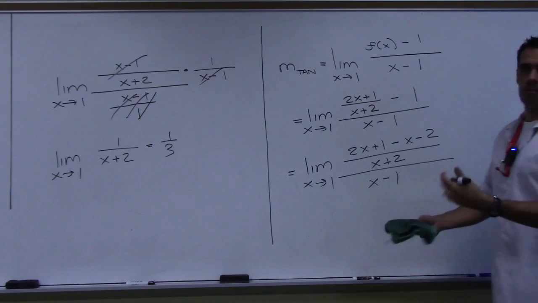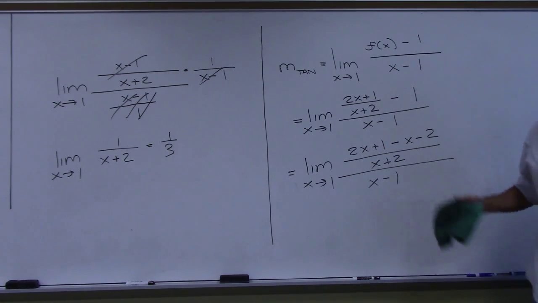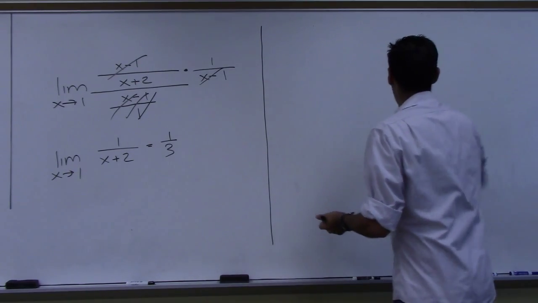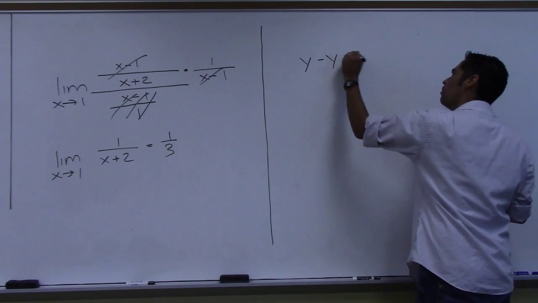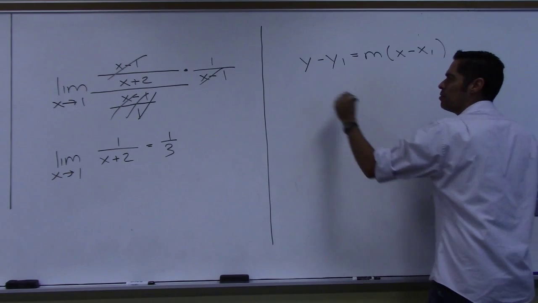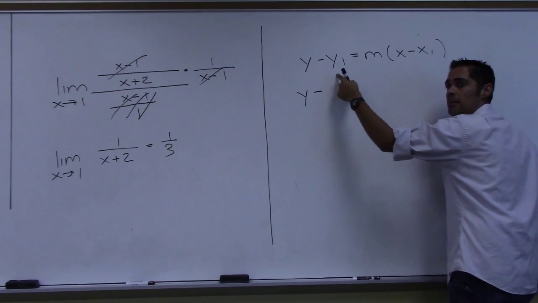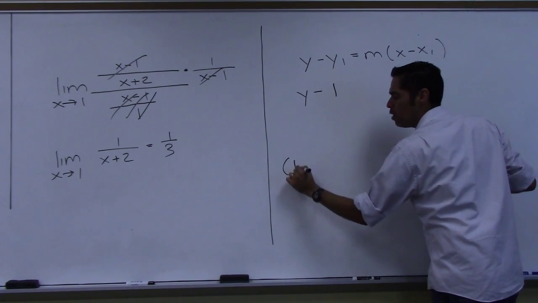And now, I didn't ask for this, but now we find the equation of the tangent line. So what we would do is y minus y1 equals slope times x minus x1, which was really for us y minus f of a, which was 1. Go back. Remember our point was 1, 1?